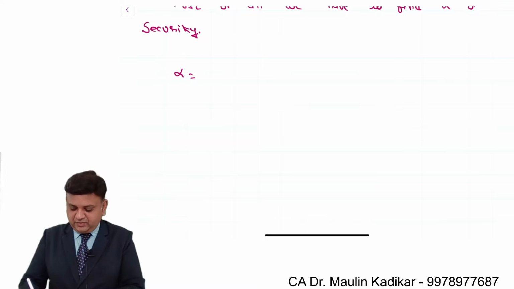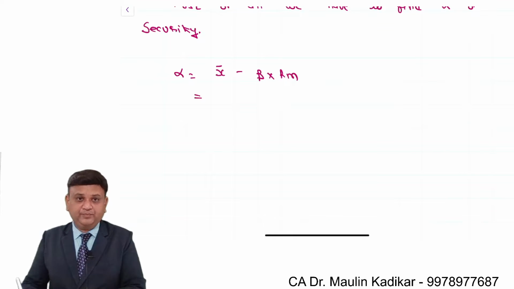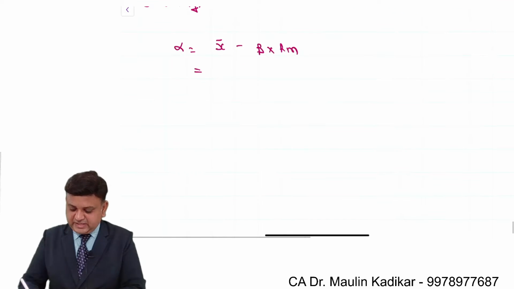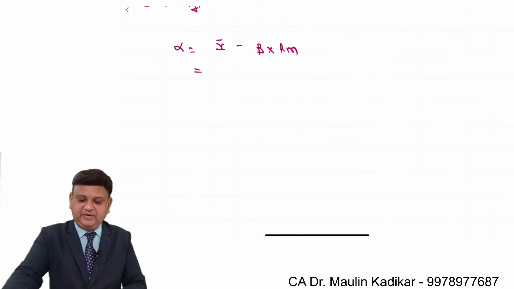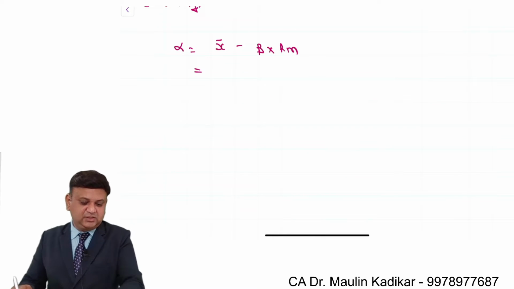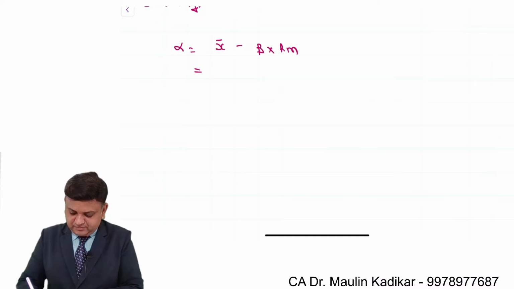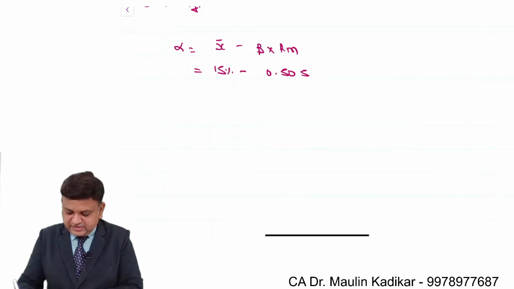Friends, alpha will be found as x bar minus beta into Rm. What is x bar? X bar in this example that we already have calculated, it is 15 percentage, minus 0.5057 into 12.